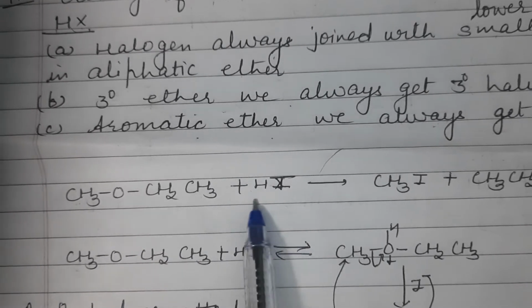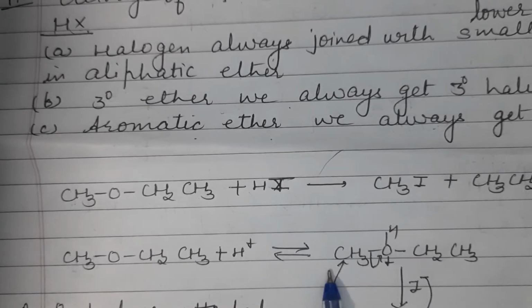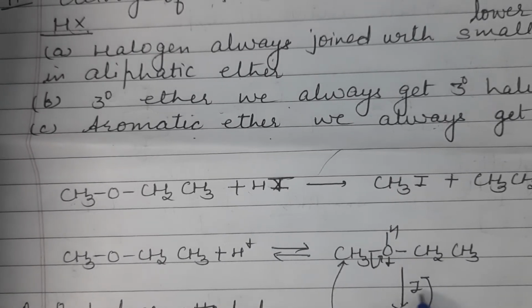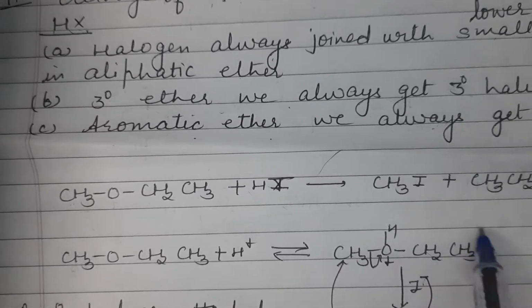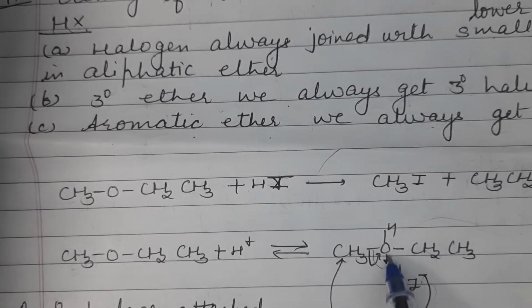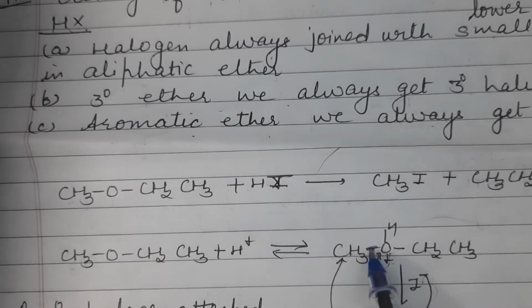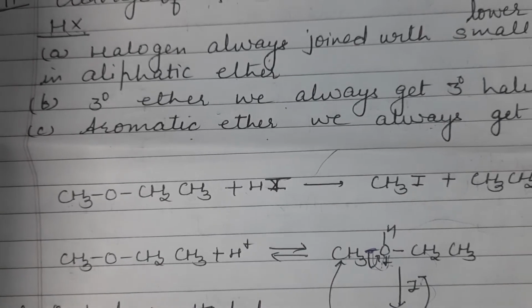First, the halogen acid gives an H ion and forms protonated ether. Then there is an equal chance for iodide to attack here as well as here. But due to steric hindrance it always attacks here, and these bonded electrons shift over oxygen and we get alcohol and alkyl halide.